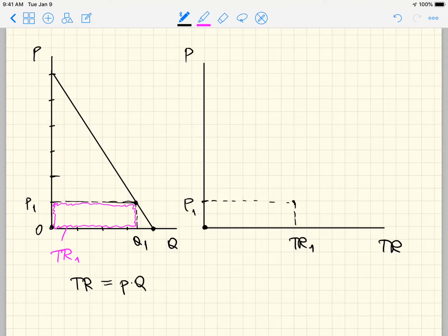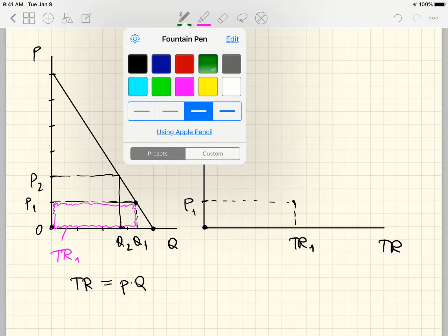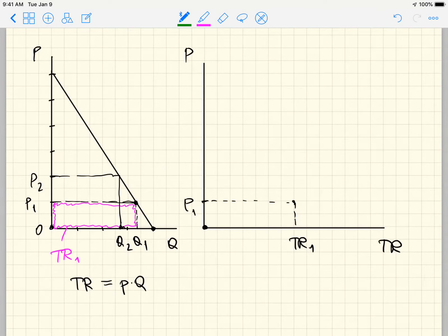If you increase price even higher, again you will sell less than before, but your total revenue will still be increasing. You can probably see it on this diagram: this rectangle looks larger than the previous one.